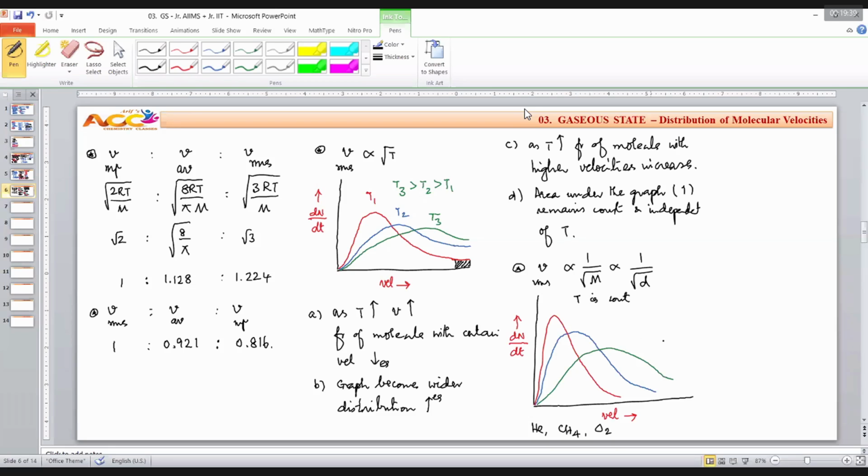Remember, this is for helium. And oxygen has the highest molecular weight among the 3. If molecular mass is more, they cannot have very high velocity. Therefore, this is for oxygen and this is for methane. That is the effect of molecular mass and temperature on RMS velocity. Go ahead.